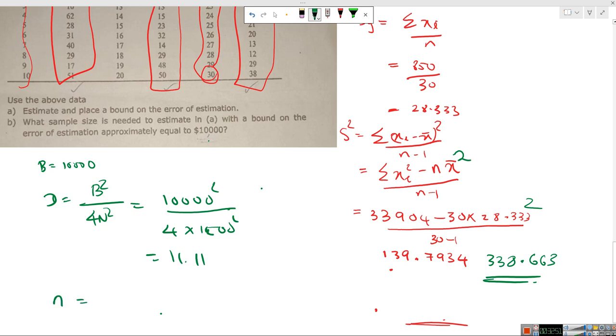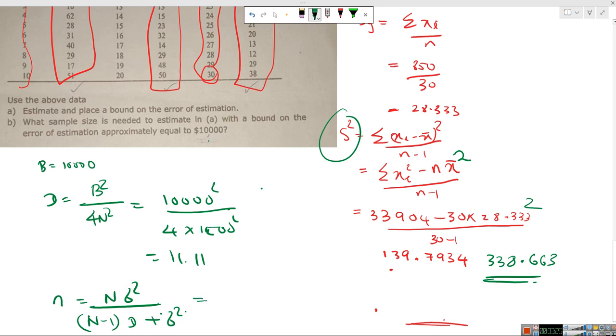Now n is equal to N sigma squared divided by (N minus 1) into D plus sigma squared. Now we already calculated the sigma squared, the s squared variance, which is going to be replaced by this sigma squared.